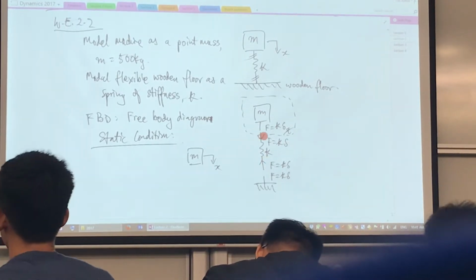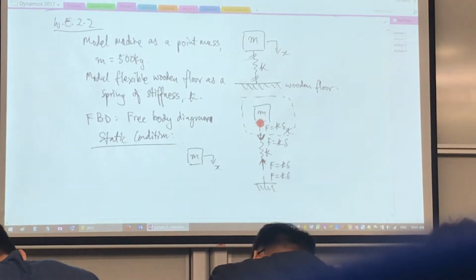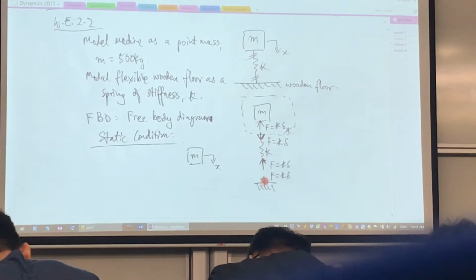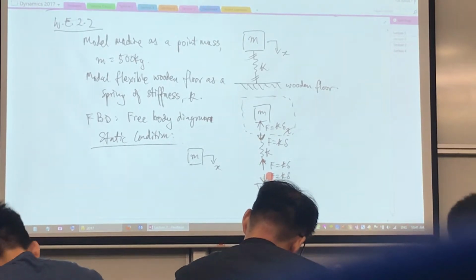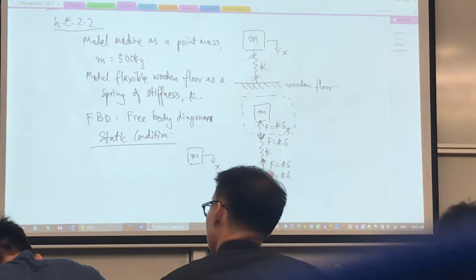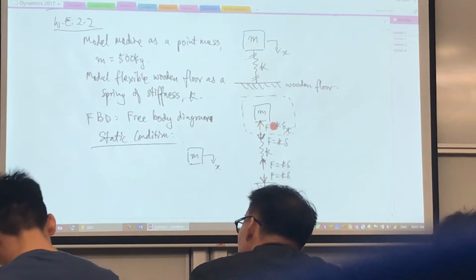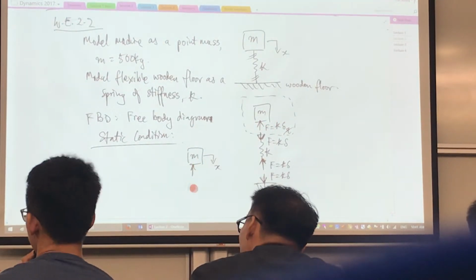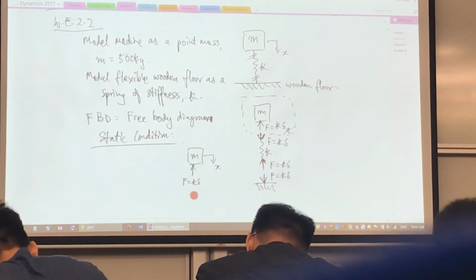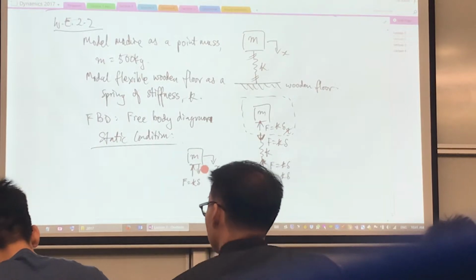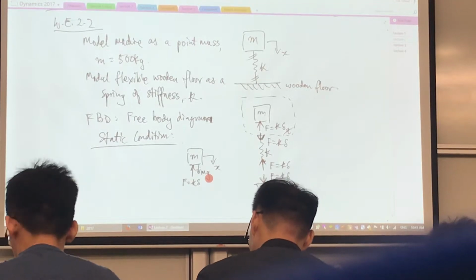After you have this arrow going downward and this one upward to compress the spring, you have the equal and opposite force. That's how you establish it, because of Newton's third law of motion. So this force is actually pressing upward. That's your F equal to K delta. Then the point mass has mg pointing downward, the gravitational pull.